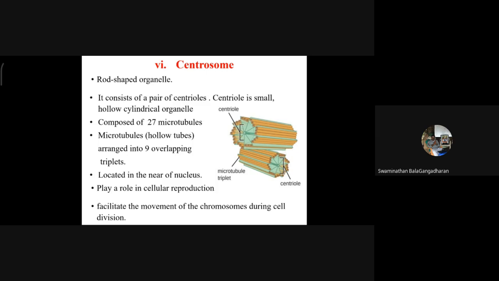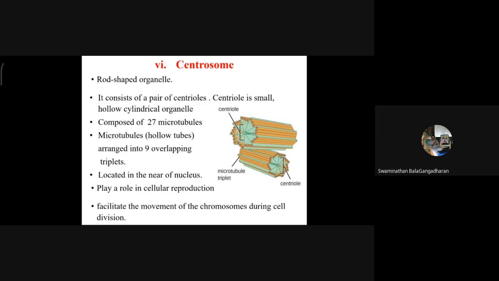So every plate contains 3 centrosomes, and one bundle contains 9 plates. Is it clear? Every plate contains 3 centrosomes, and in a bundle there are 9 plates.